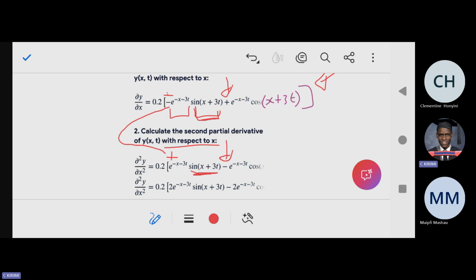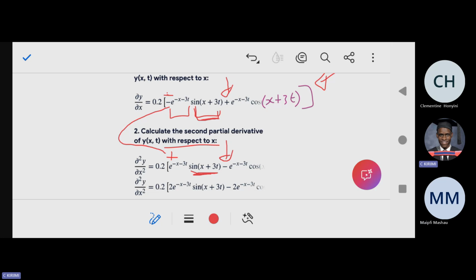We keep the first one constant, then we derive the what? But on this one, you kept the negative e to the power negative x minus yt constant the way it was, right?